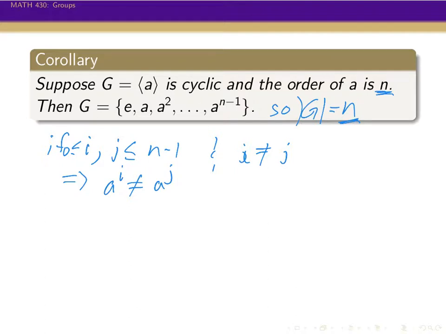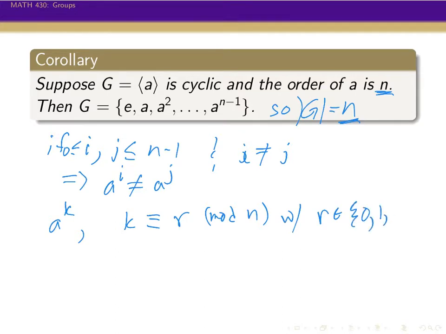And then if I took any other a to the k, well, k is congruent to some r mod n, with r being somewhere between 0, 1, 2, up to n minus 1. This is the nature of modular arithmetic: everything is congruent to some remainder between 0 and n minus 1.